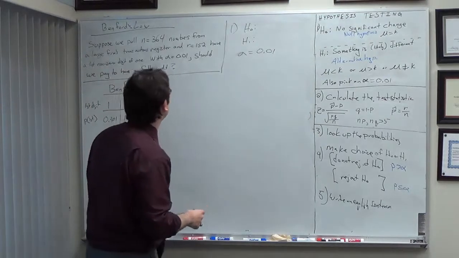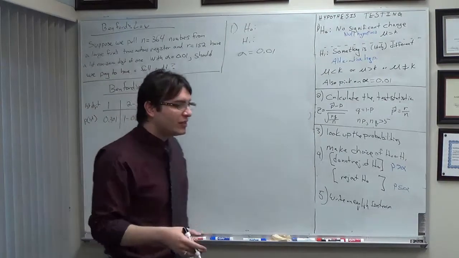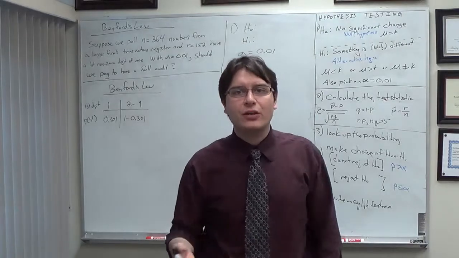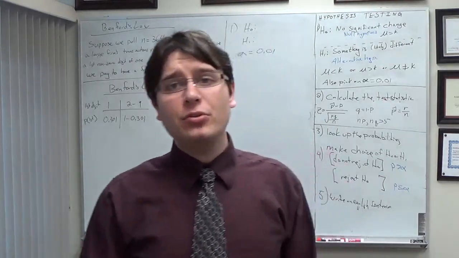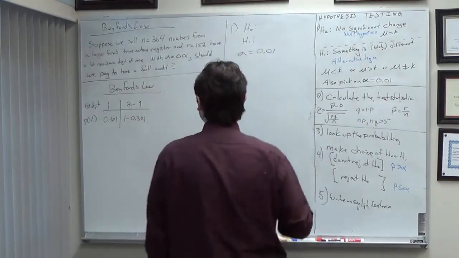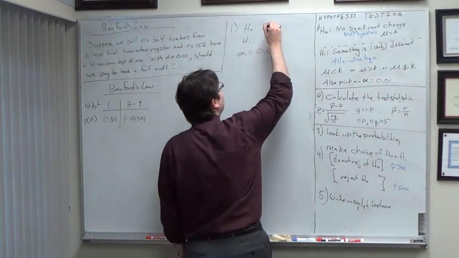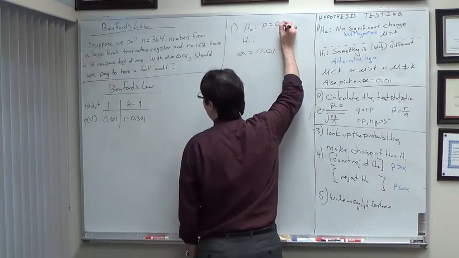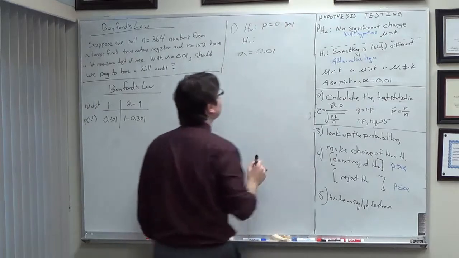The null hypothesis is going to be that there's no significant difference. In this case, we don't have mu, we've got p. In this case, we're thinking that little p should equal 0.301.